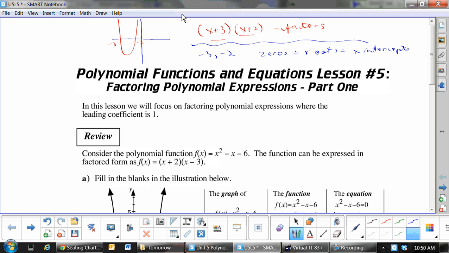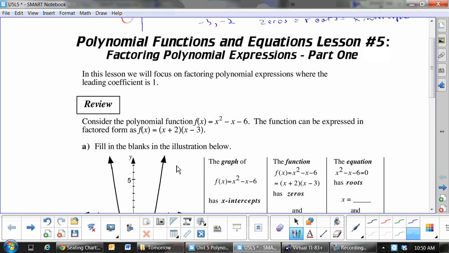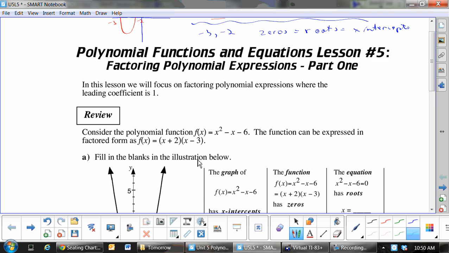This is a lot more difficult than you think because this is where everybody gets mixed up. If you look at the graph of this equation, the factors are this, the roots are -2 and 3, right?